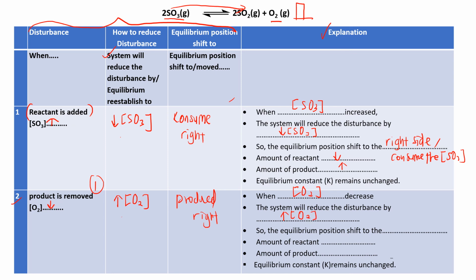So the equilibrium position will shift to the right side, which produces O2. Then the amount of reactant will decrease because it shifts to the right, and the amount of product increases because you produce more product. At the end, the equilibrium constant remains unchanged because there is no change of temperature. Okay, hopefully you enjoy the concentration.